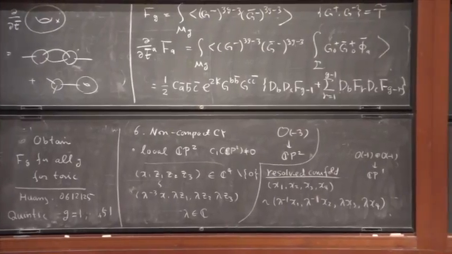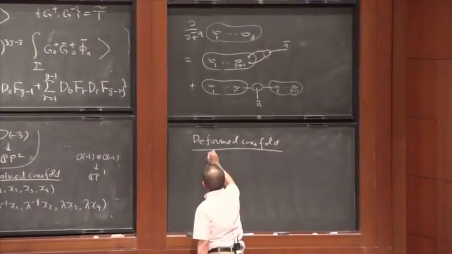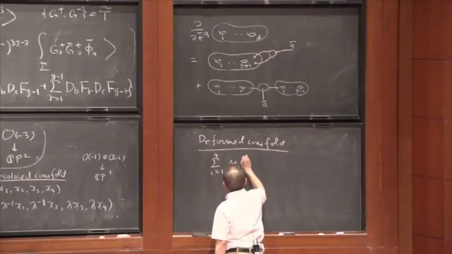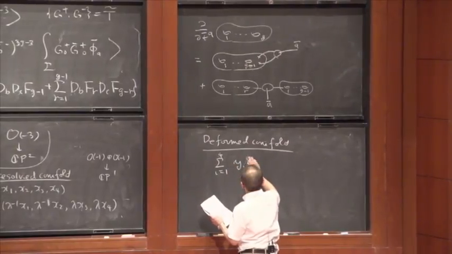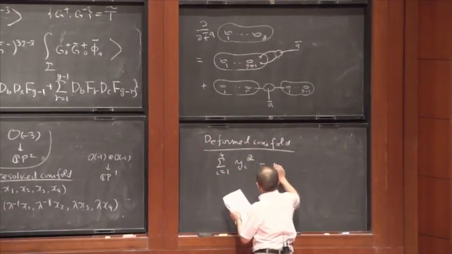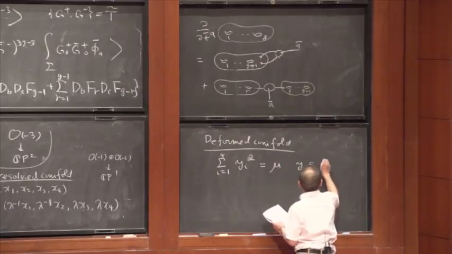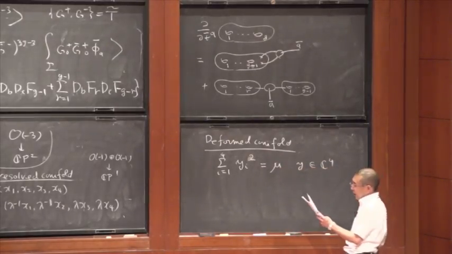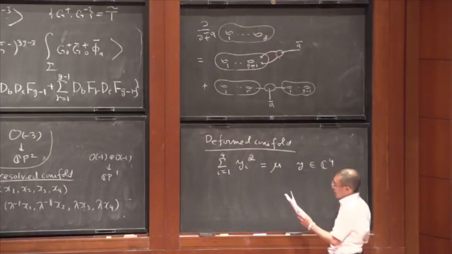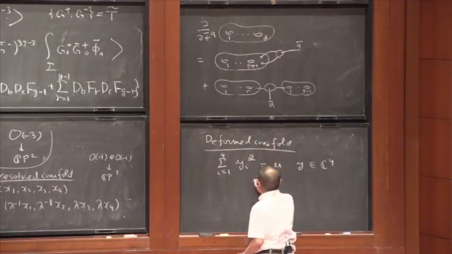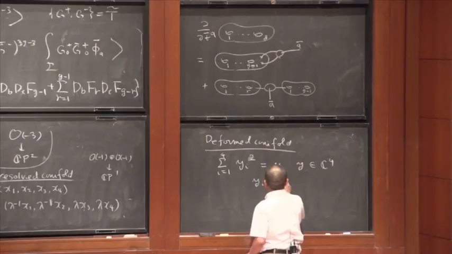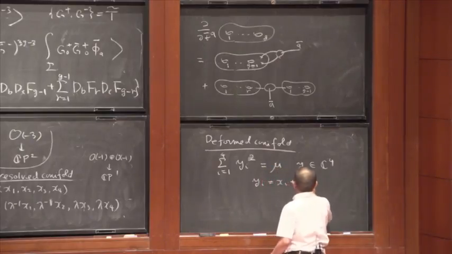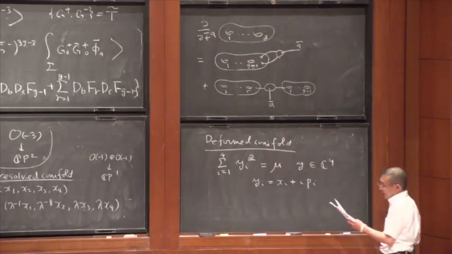Which is given by this equation, where y is an element of C4. So if mu is real, it is convenient to write yi in terms of real part and imaginary part.